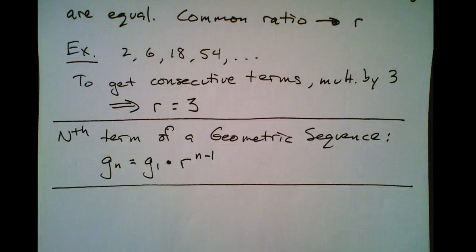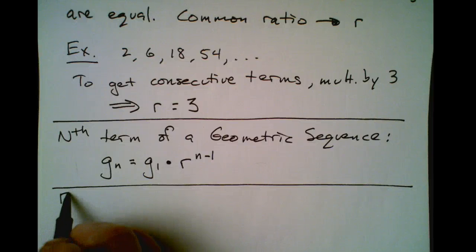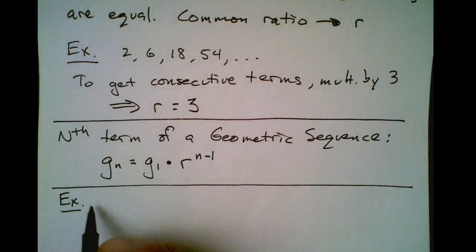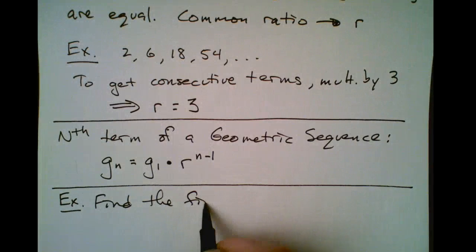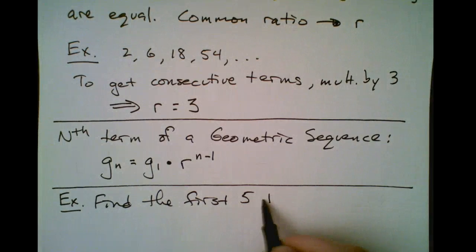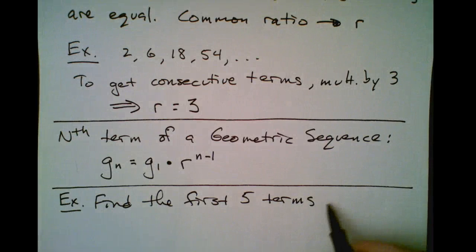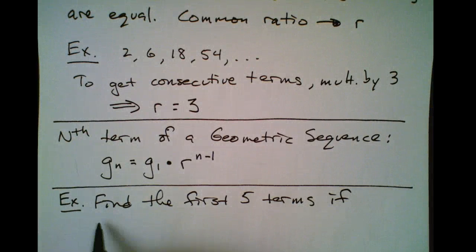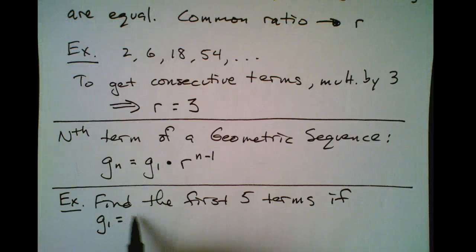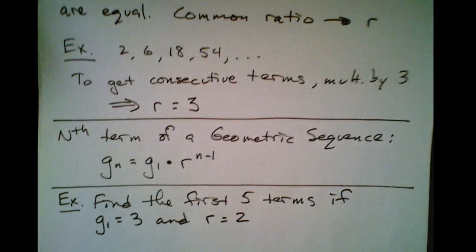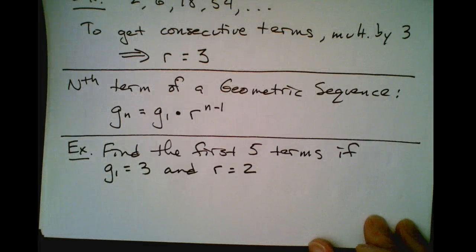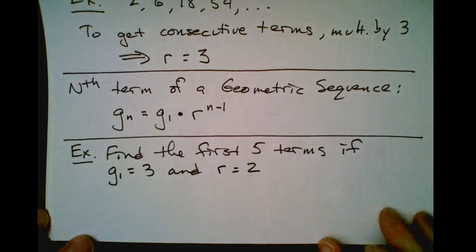So let's take a look at a couple examples, starting out with something as basic as find the first 5 terms if g sub 1 is equal to 3, and r is equal to 2. So we've got our first term. All we need to do is find the second, third, fourth, and fifth.